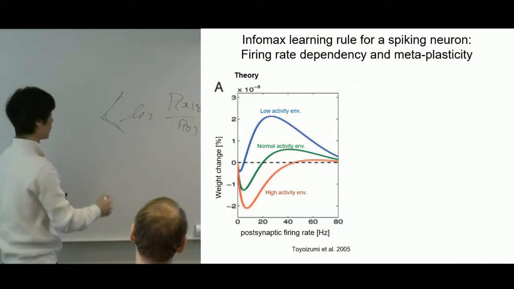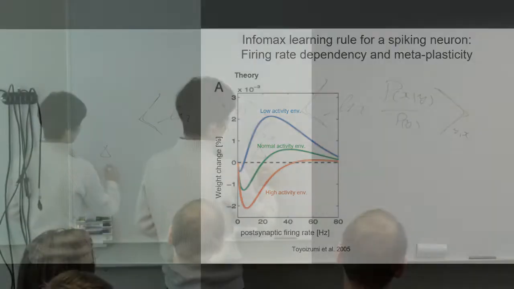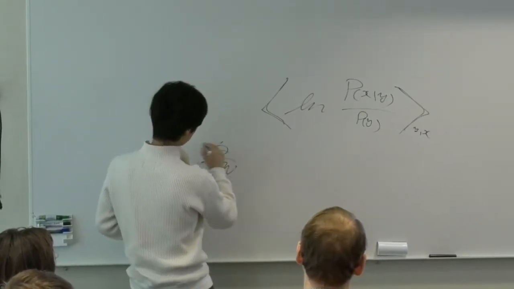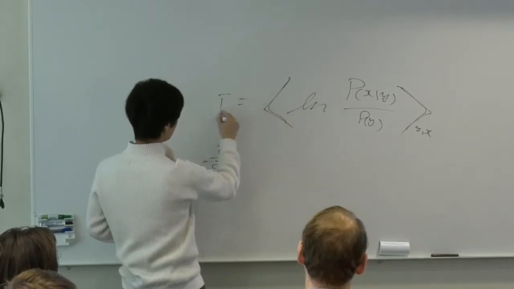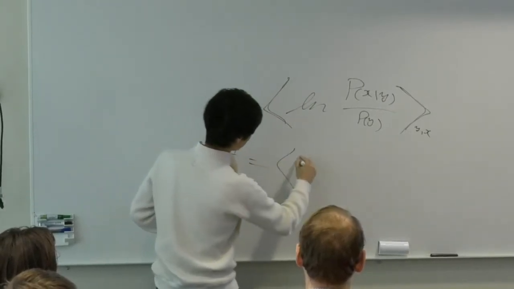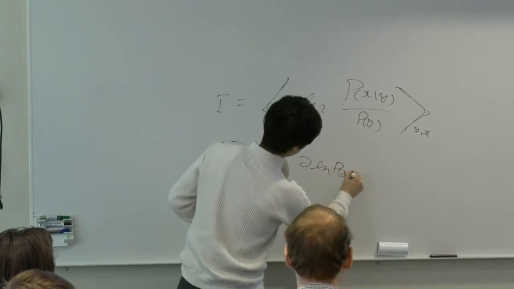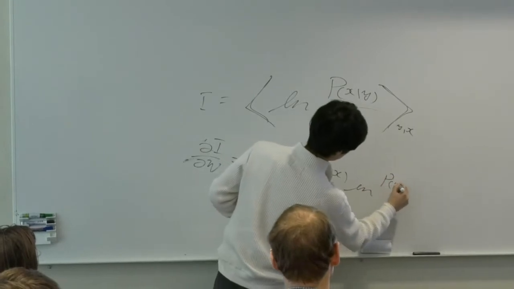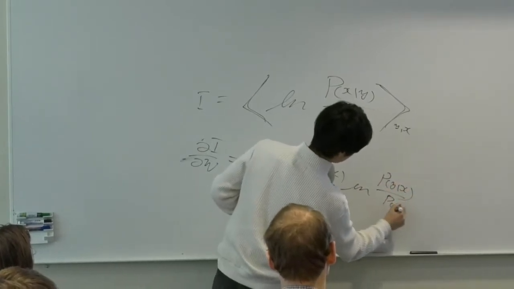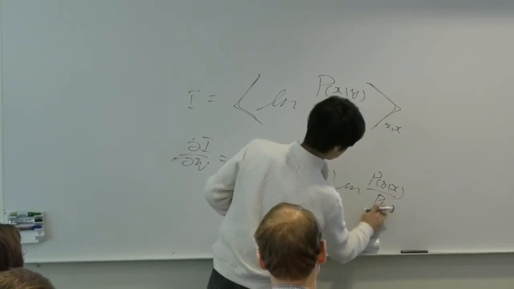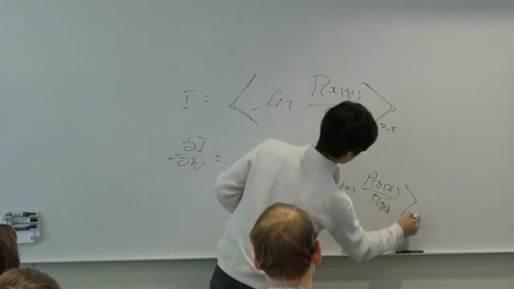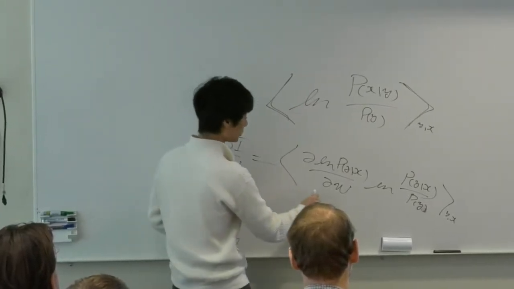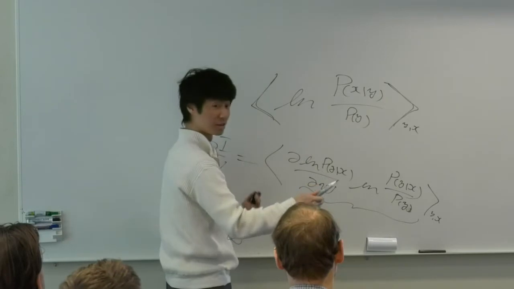You can compute the gradient of this I, and so on average this will maximize information, but this one is the update.